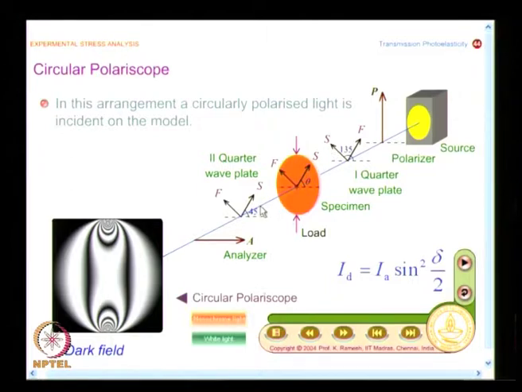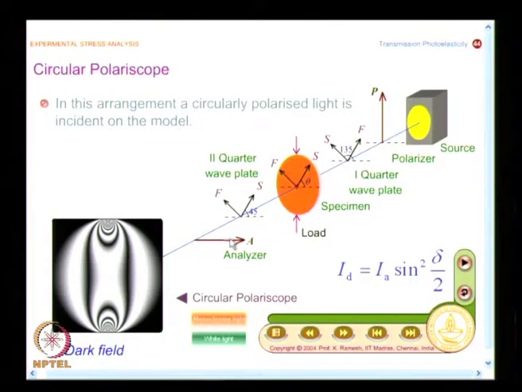So, what will happen here? You have a fast axis in the place of the slow axis of the first quarter wave plate, and a slow axis in the place of the fast axis of the first quarter wave plate. So, the amplitude of light is the same, and the slow and fast axes are interchanged. So, whatever retardation is introduced in these two components, they are cancelled.